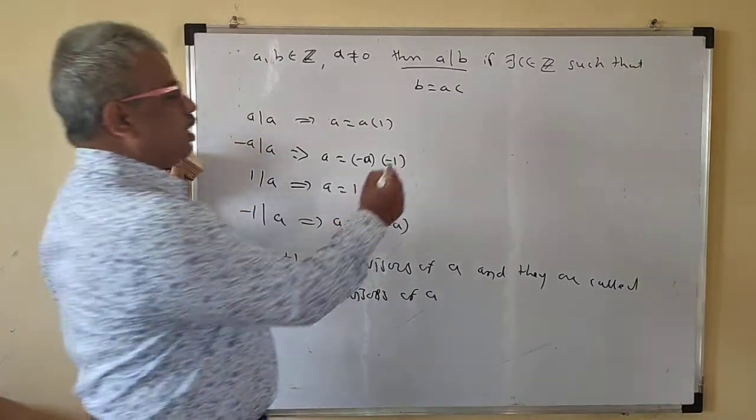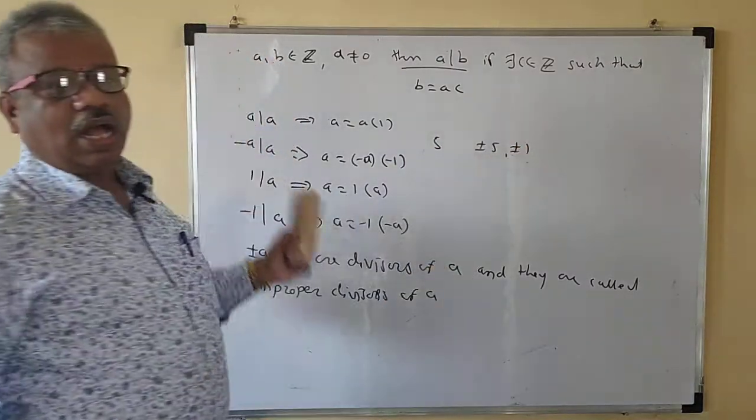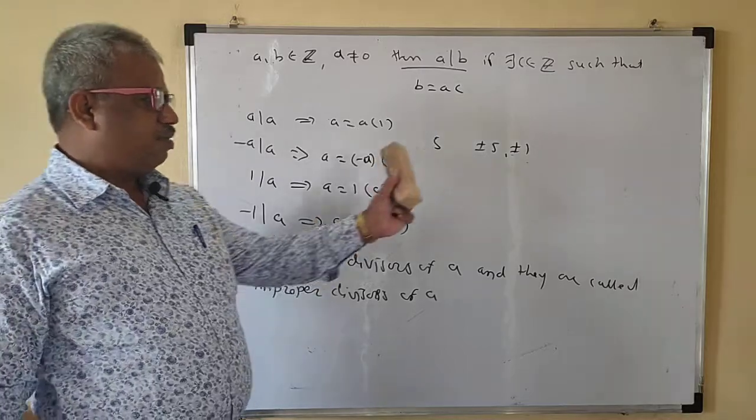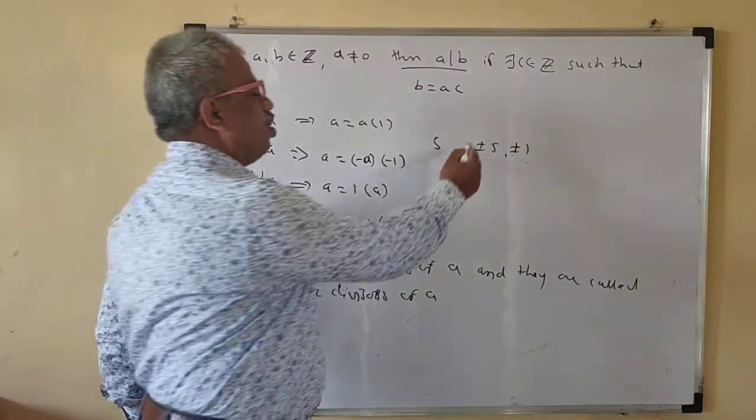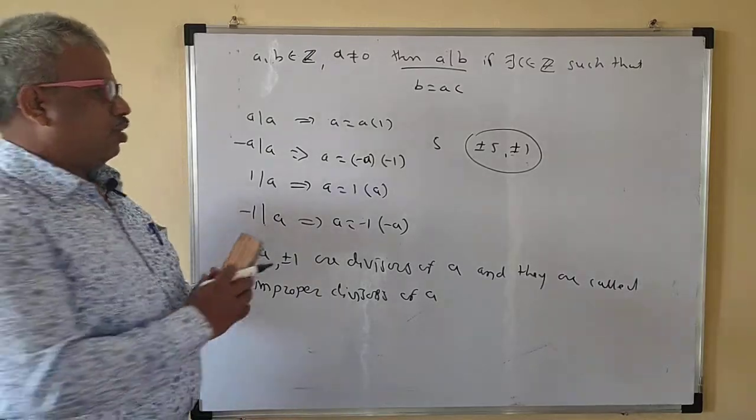If you take 5, then plus or minus 5 and plus or minus 1 are always divisors of 5. These are called improper divisors of 5.